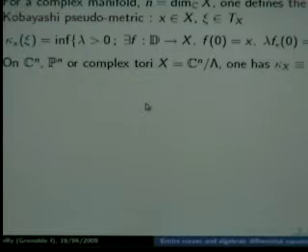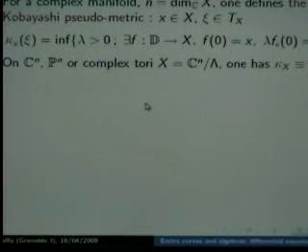So it's some kind of element of length, kappa x of xi, is just the infimum of positive numbers lambda such that there exists a holomorphic map from the unit disk D into X, which sends the origin of the disk to the point x, which maps the unit tangent vector at the origin of the disk to the vector xi in the manifold with the scalar correction lambda.